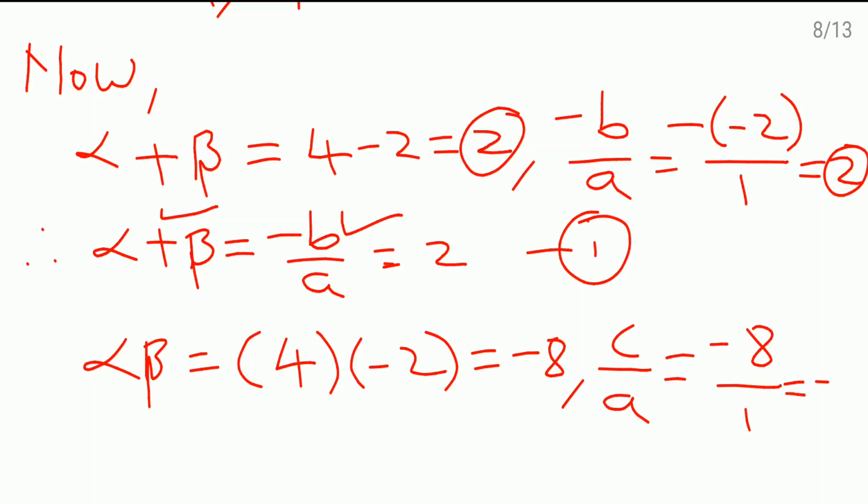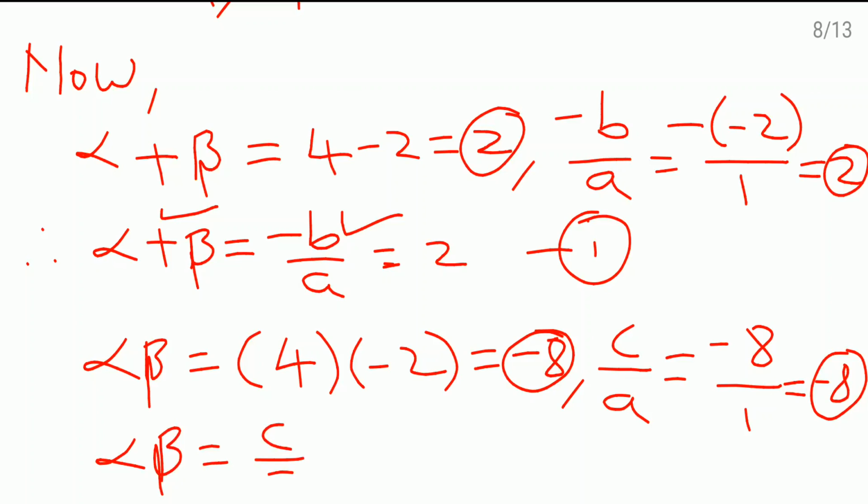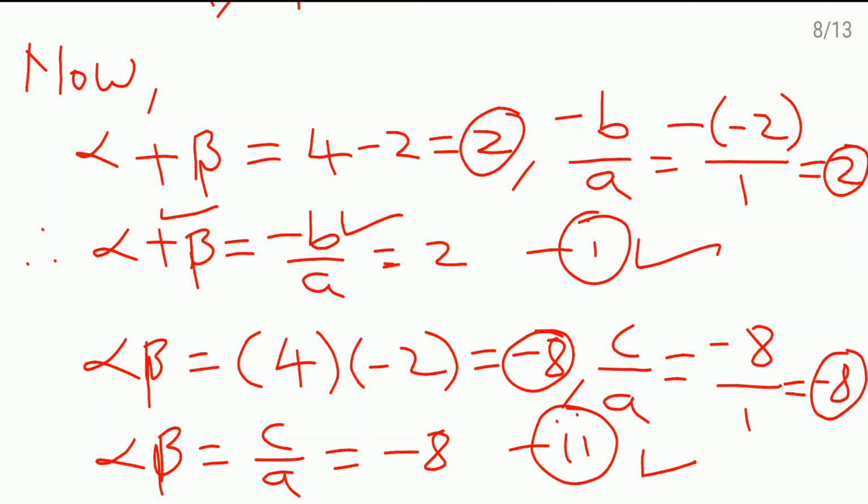So our answer comes as minus 8. Look at this one here. This minus 8 and this minus 8 are the same. It means that alpha into beta is equal to c by a, which is equal to minus 8. So from 1 and 2, we can show the relationship between zeros and the coefficients, correct? Let us see the next sum.